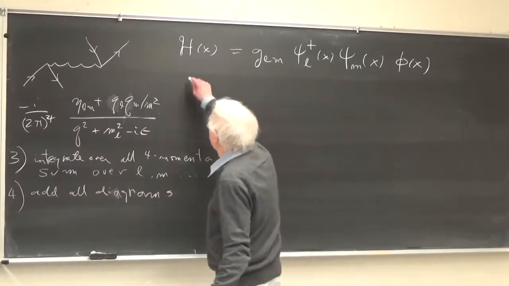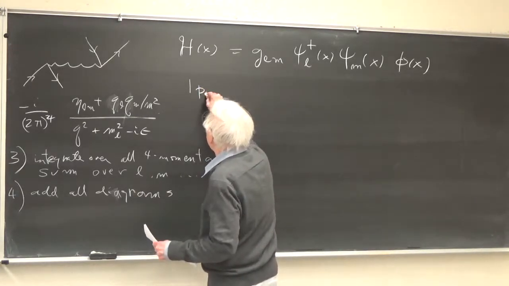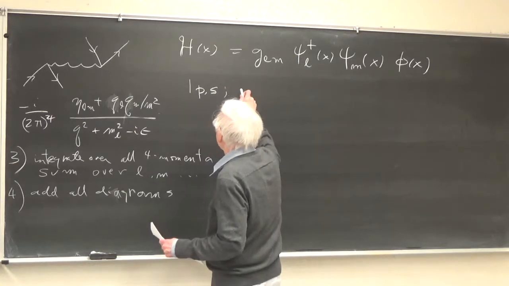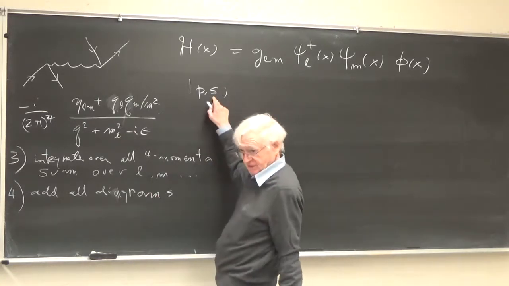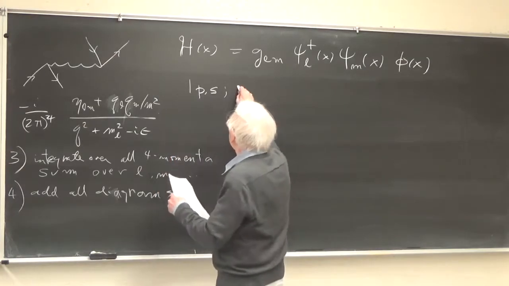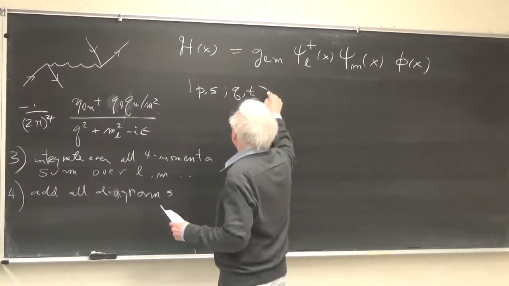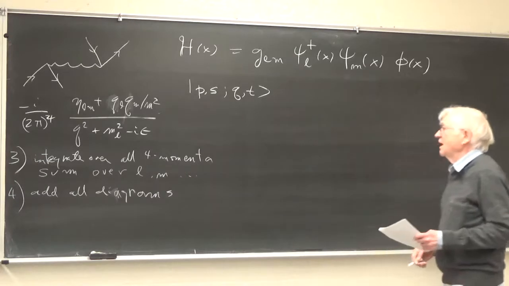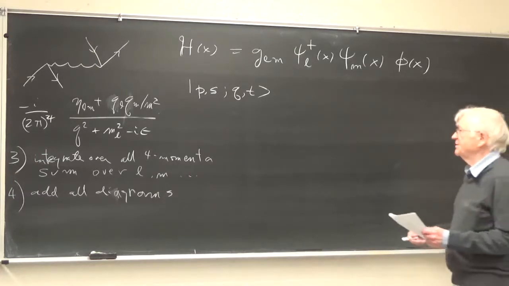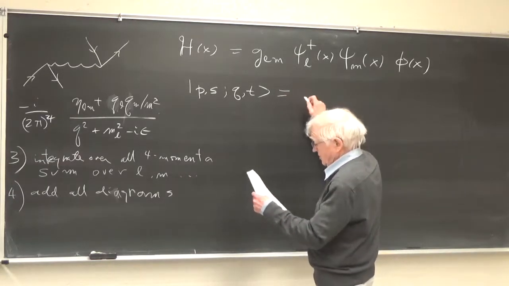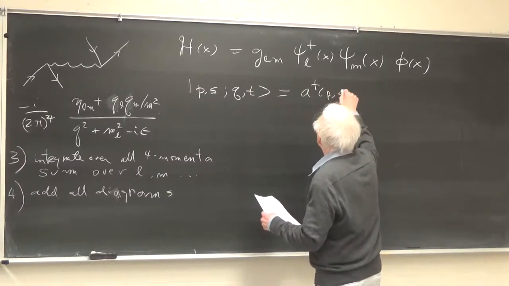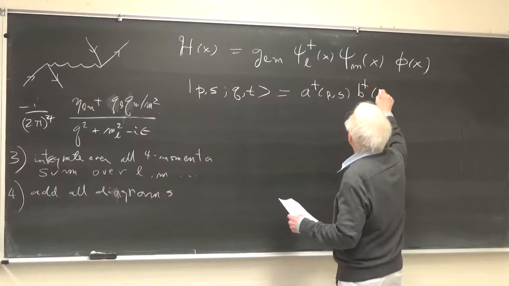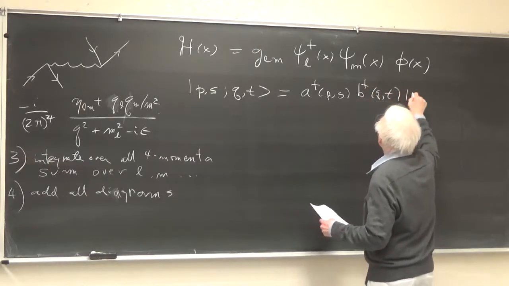All right, so the initial state then is going to be a fermion of momentum p and z component of spin s, and an antifermion of momentum q and spin t. So this is a dagger of p and s, b dagger of q and t on the vacuum.